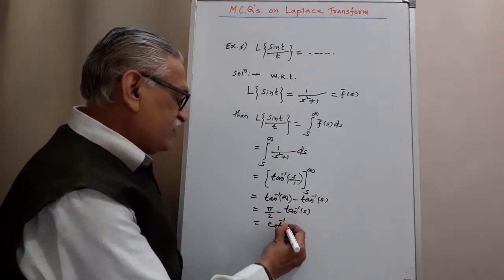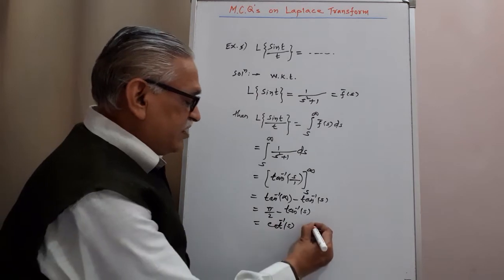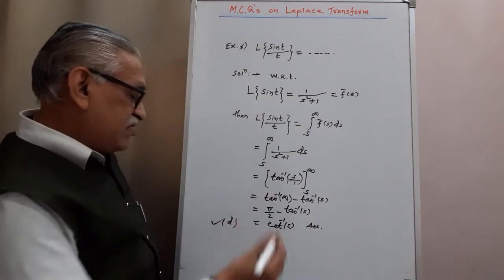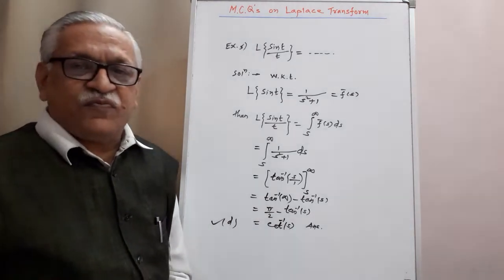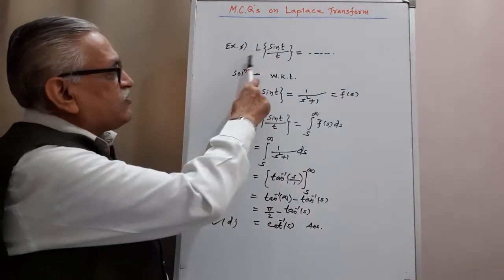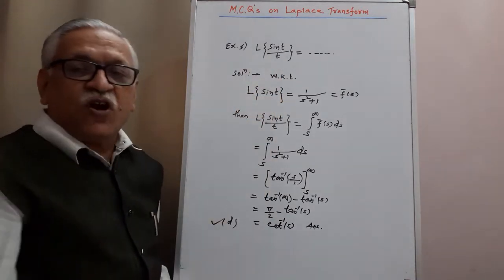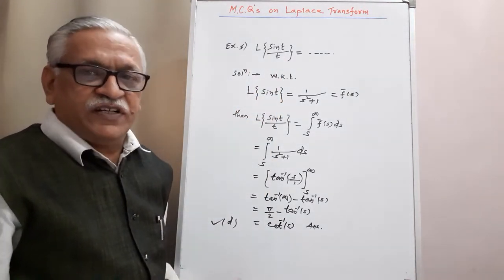Therefore, cot inverse of s is the answer. Option D is the answer for that problem: Laplace of sin t by t is cot inverse of s. Option D.